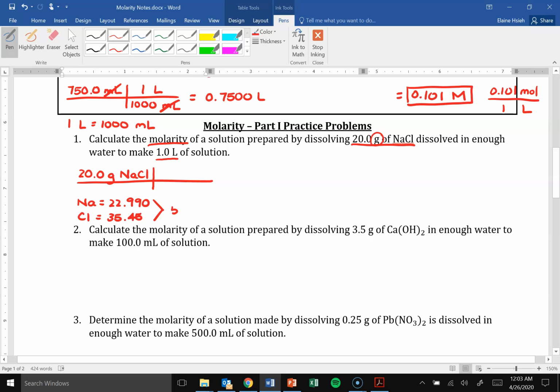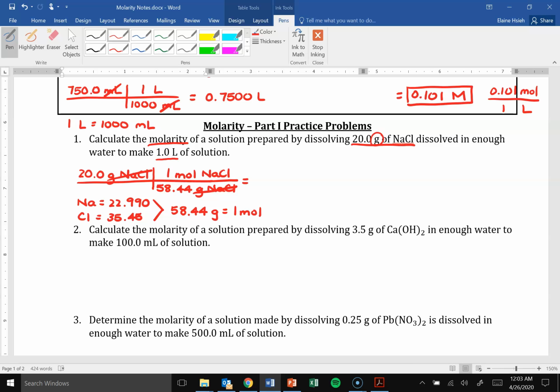And that adds up to 58.44. So 58.44 grams in 1 mole, and we'll put 58.44 on the bottom so that grams can cancel out, and 1 mole is on the top. Okay, and let's put this in a calculator, and I got 0.342 moles.